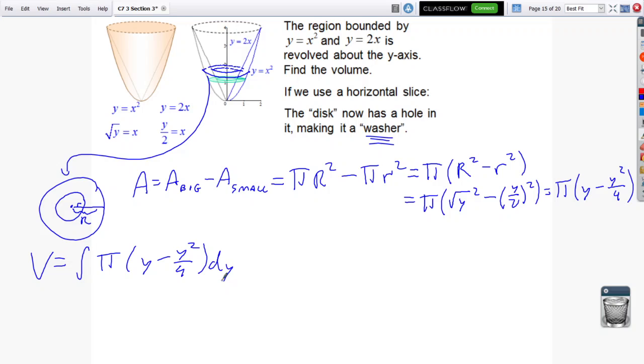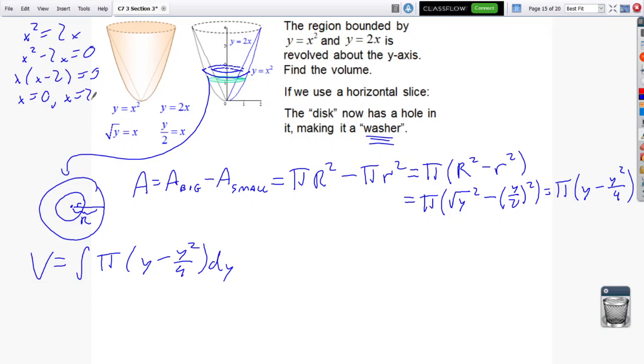To find our limits, we do have to set the two equations equal to each other, so it's up to you whether you want to say y equals x squared equals 2x, or square root of y equals y over 2. I think that solving it as x squared is equal to 2x is the easier option, because then I can get x squared minus 2x is equal to 0. I got x times the quantity of x minus 2 is equal to 0. Leads me right into x is equal to 0.